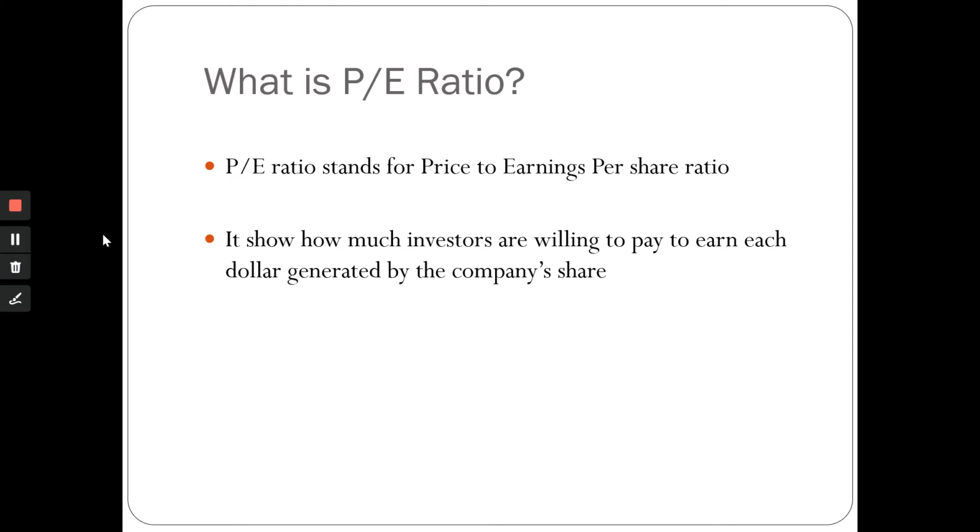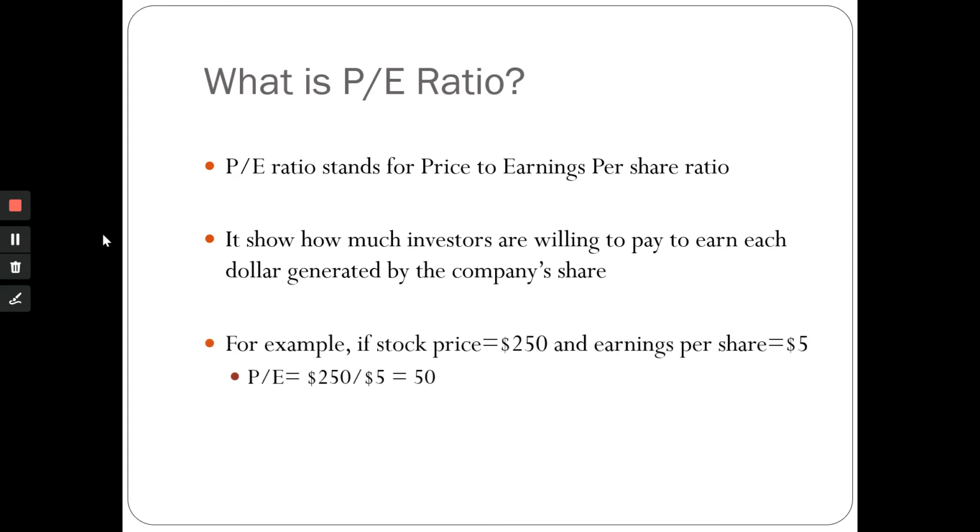It means growth of the earnings of the company, right? So for example, if the stock price is $250 and the earnings per share is $5, then the PE ratio is 50, right? So the investors are willing to pay $50 for each dollar earned by the company's share.